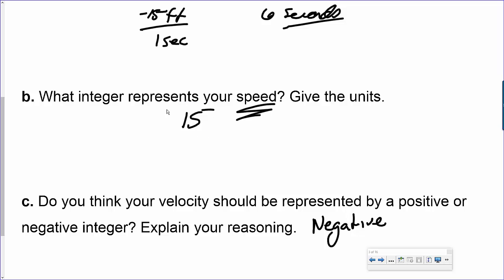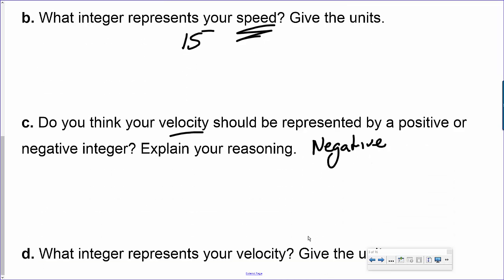We call that the absolute value. For velocity, however, it wants to tell if it's going up or down. Since it's going down 15 every 1 second, we'll say negative. The integer that represents velocity should be negative 15 over 1. So velocity is the actual value, and speed is the absolute value of it, so it's always going to be a positive answer.